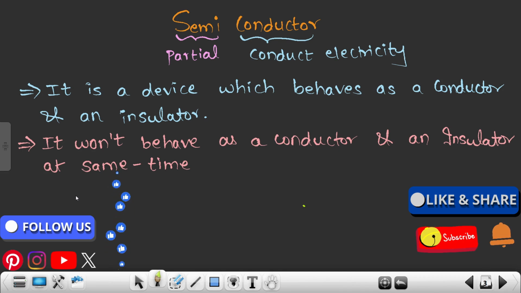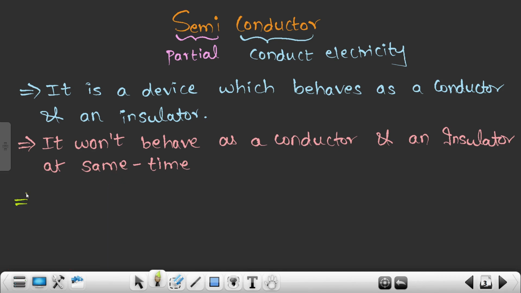So by altering certain parameter. Now we don't know what exactly that parameter is.